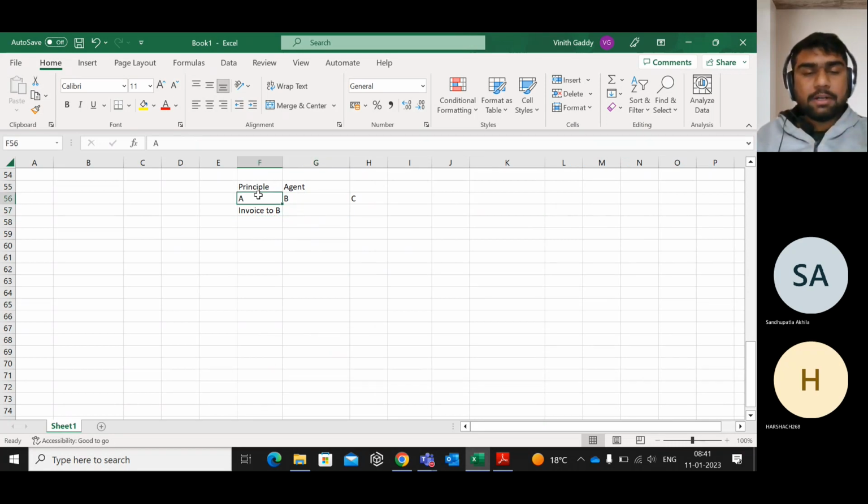For a principal agent to fall in the category of schedule 1, A sells goods to B. Then A gives an invoice to B, and B sells to C. Then B gives an invoice to C. This is case 1.